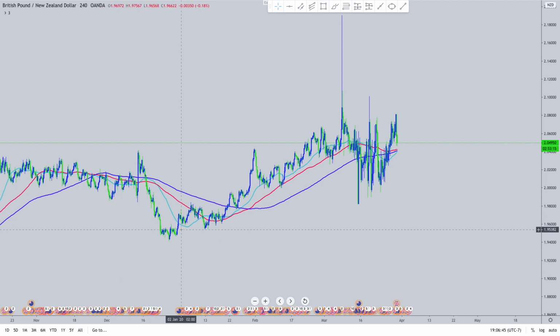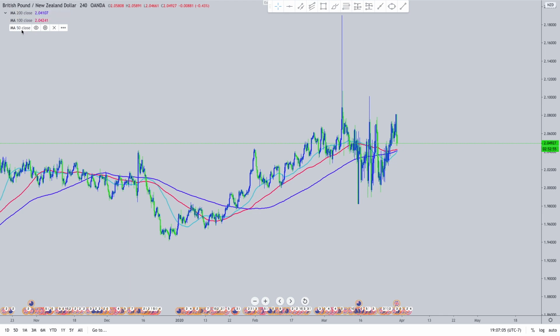So let's say you have a 100 period moving average, so 100 bars. It will weight the last 20 or the last 50 bars more heavily than it will weight the 50 bars before that. So it does move a little bit differently.